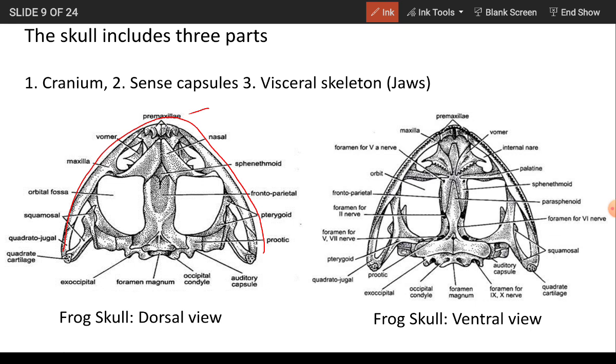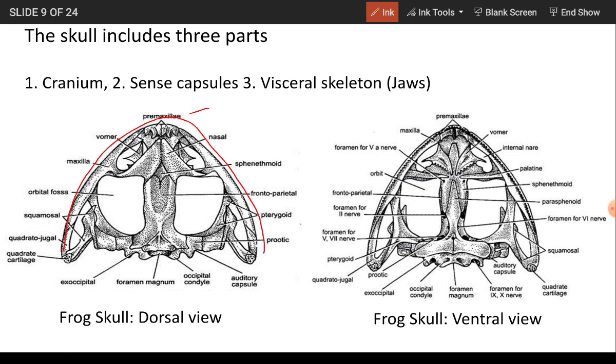It is a small irregular bone at the anterior tip of the snout, meeting in the middle line. The upper jaw is divided into two equal halves. Each half has similar parts, and the first one is the premaxilla.